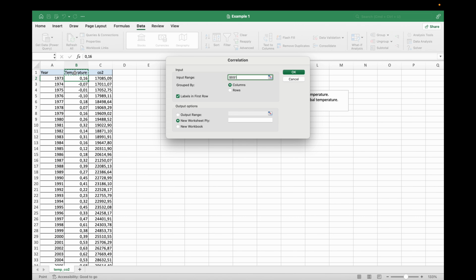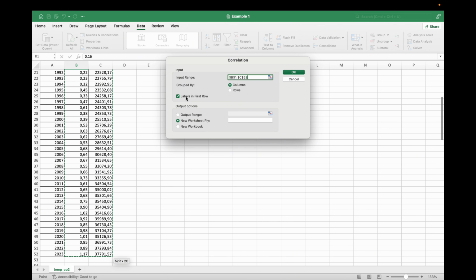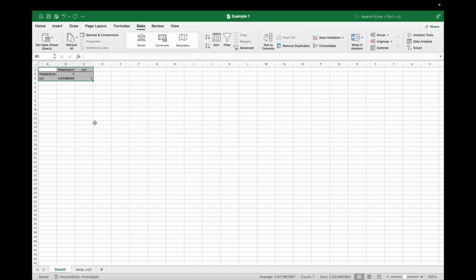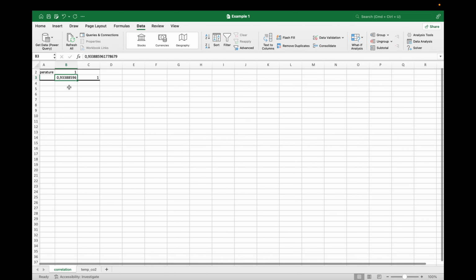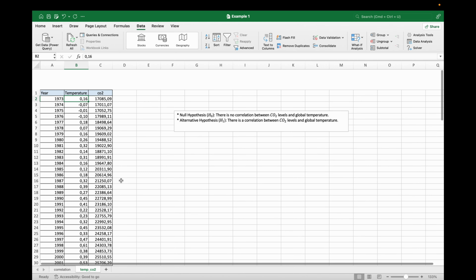We will input this, and labels in first row, and click OK. Here is the correlation. As we can see, the correlation is really close to 1, around 0.93, which indicates a close linear relationship.